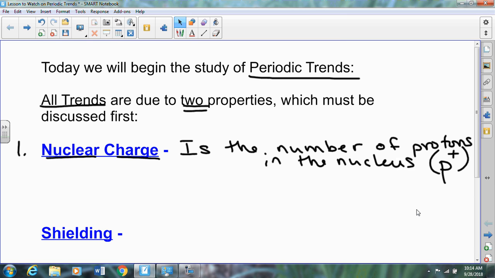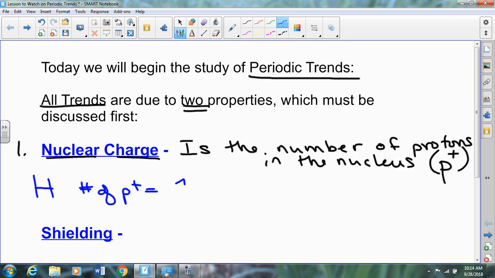If we look at a quick example, we could say hydrogen, the element. The number of protons is 1, and therefore the nuclear charge is 1. You could even say plus 1.